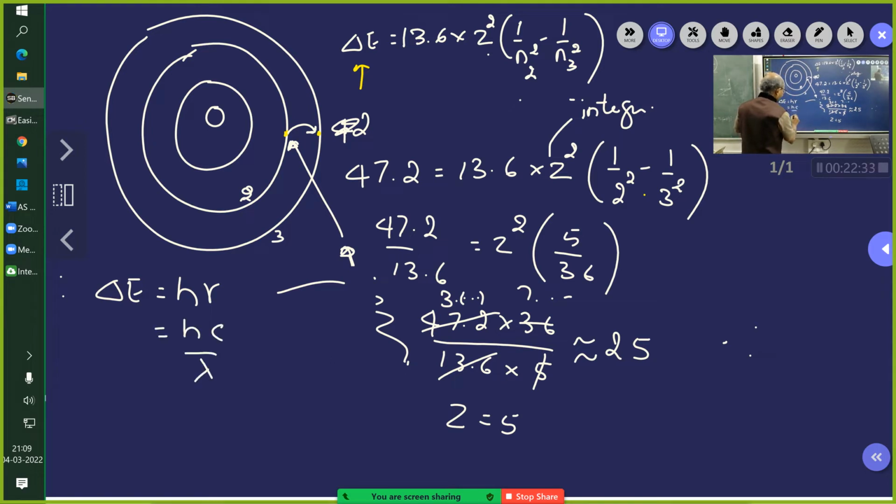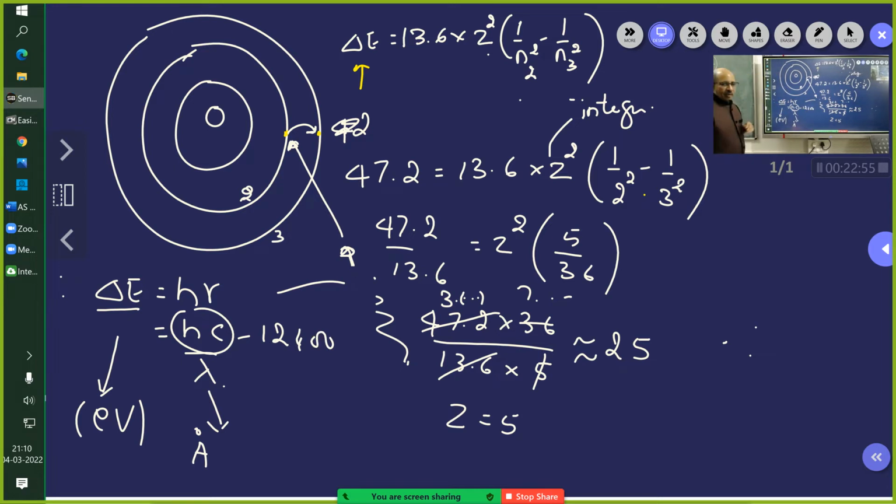This is hc by lambda. Now this delta E, if you express it in electron volts, and if you express lambda in angstrom units, then this value will be 12400. Correct?